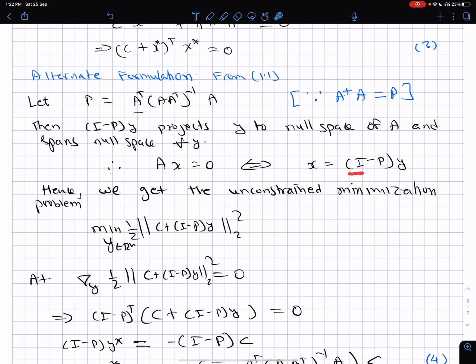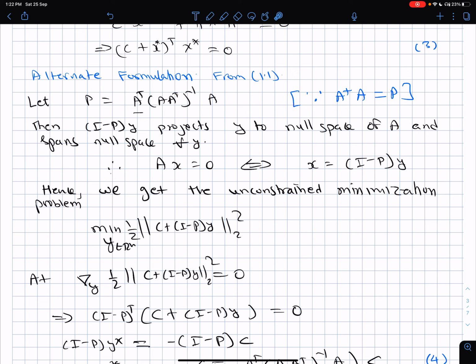Because A times I minus P is 0. So all vectors of the form I minus P times Y, when pre-multiplied by A, give you the 0 vector. So this is a subset of the null space of A, but indeed, because P plus I minus P is equal to I, we have shown earlier that this in fact spans the complete null space of A.